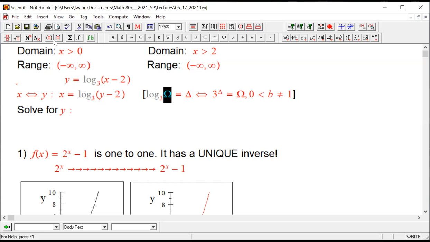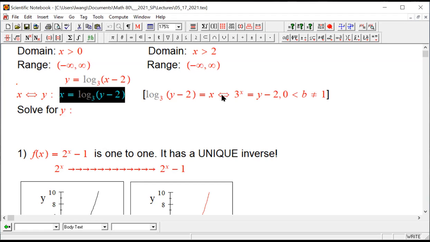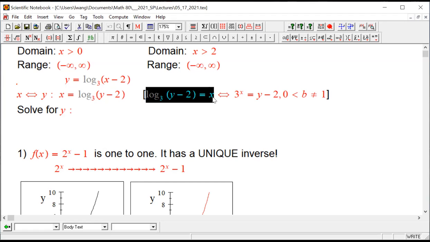And that's the triangle position, so that's x. From this form, we get y minus 2 equals 3 to the power x.